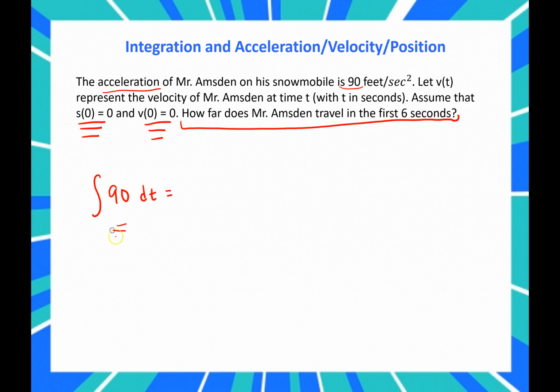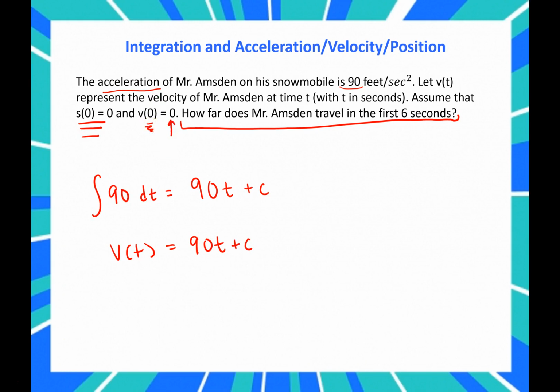This is literally my acceleration function, so the answer that I get here is going to be my velocity function. Well, of course, this is 90t plus c. So my velocity is going to be 90t plus c. But we were also told that velocity was equal to 0 when your time was 0.